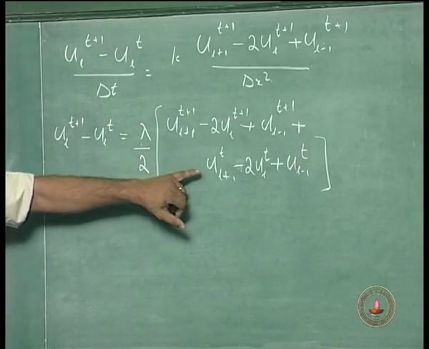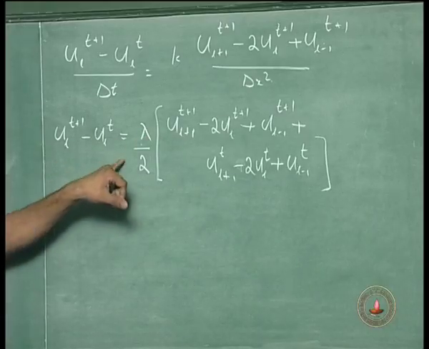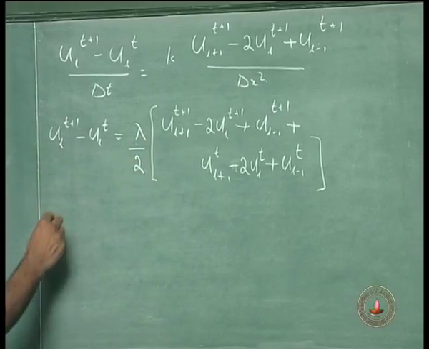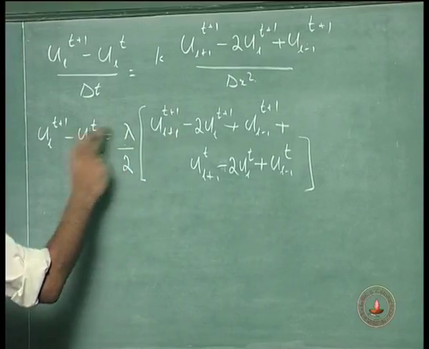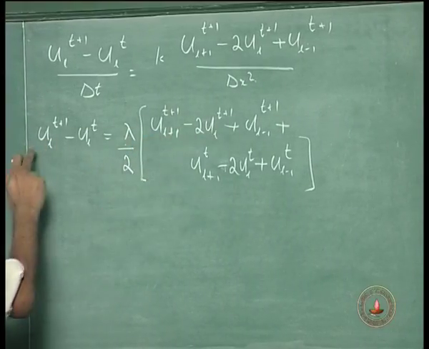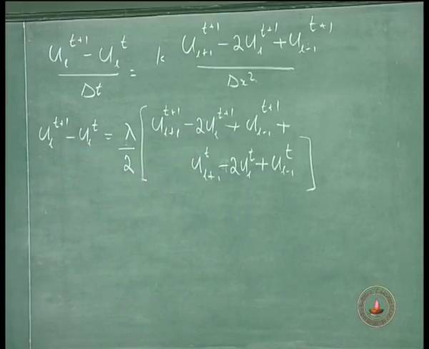So we collect terms here and write this as follows. We have all the terms at t plus 1 on the left hand side and all the terms at t on the right hand side.